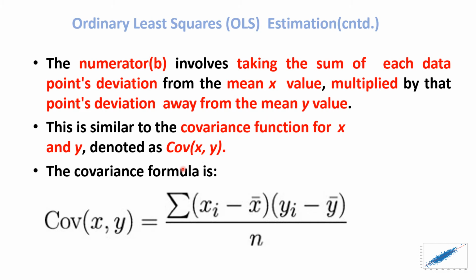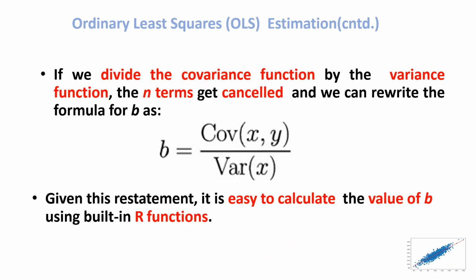We know that the covariance of xy can be calculated as sigma (xi minus x bar) into (yi minus y bar) divided by n. So we are trying to convert the B equation in terms of covariance and variance.